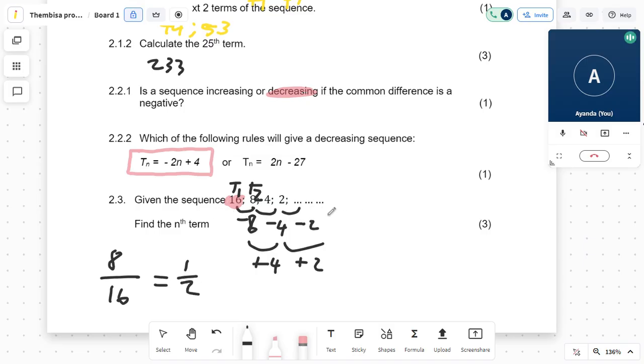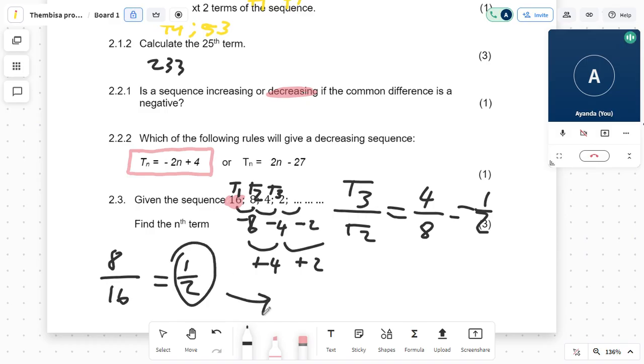And to show that this is true for the entire sequence, if we took term 3 and divided it by term 2, it should also give us a half. 4 over 8, we know, is still a half. So our ratio, r, is a half.